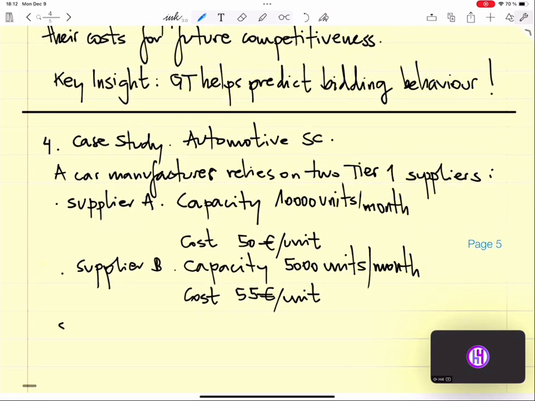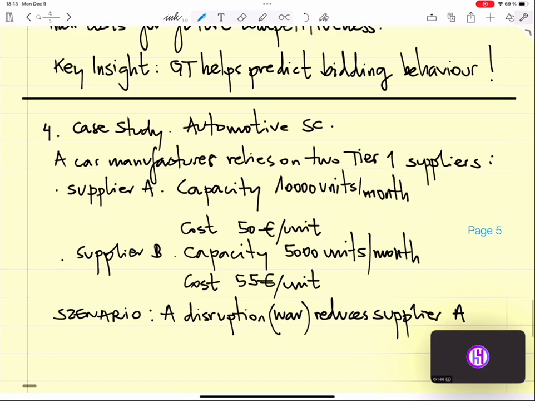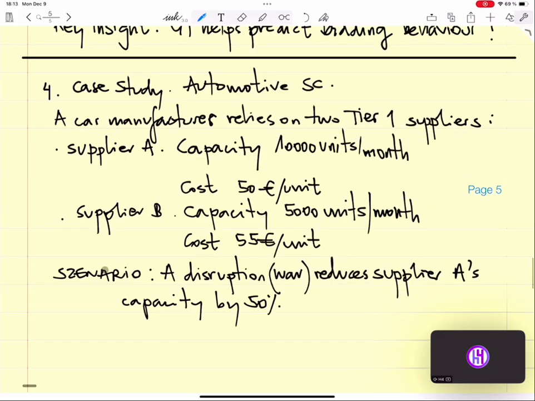So scenario, a disruption, let's say a war, reduces supplier A's capacity by 50%. Okay, demand is 12,000 units per month.